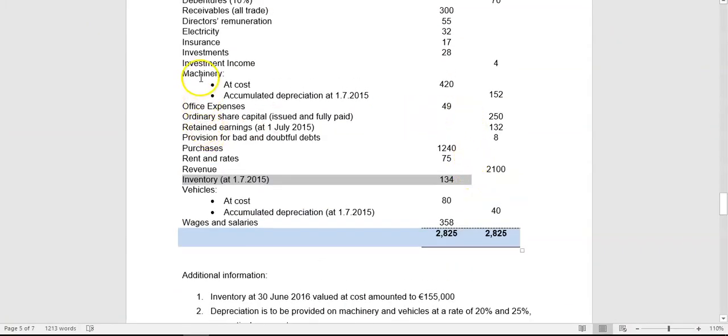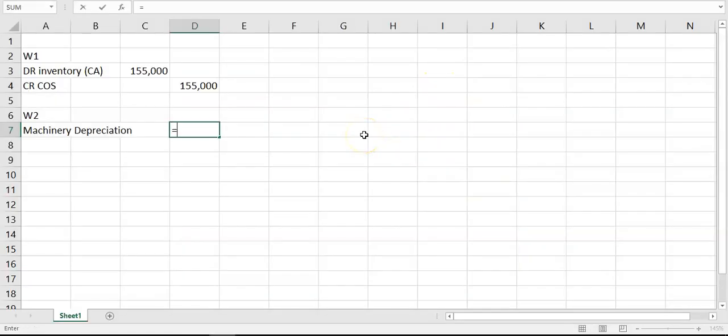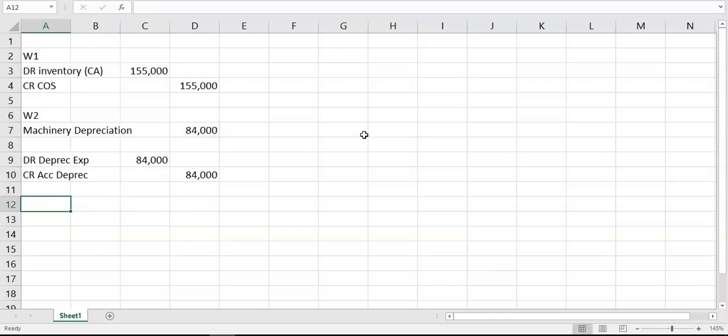The cost of machinery is 420, so 420 times 20%, which is 84,000. What you're going to do there is debit depreciation expense in the SOPL, credit accumulated depreciation in the statement of financial position. Nice and straightforward, but just make sure you're happy enough with the journal entries and particularly where the calculations come from.